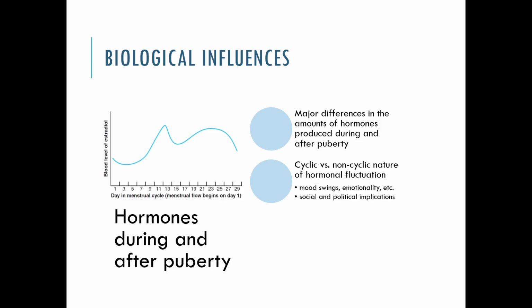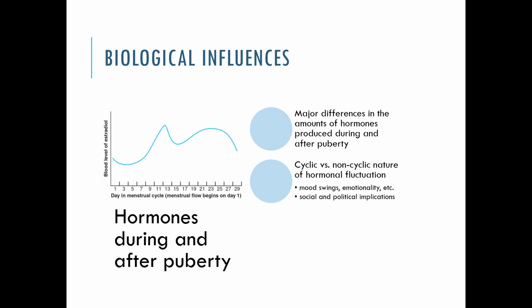And the bad part about males not having a cyclical nature to their hormone profiles is that you don't know when they might be hormonally induced to fly into a mountain, whereas at least females kind of know. But the cyclical nature has been used for generations, for thousands of years, to keep women out of politics, keep women out of positions of power or decision making, because you never know when her decisions are going to be sound.